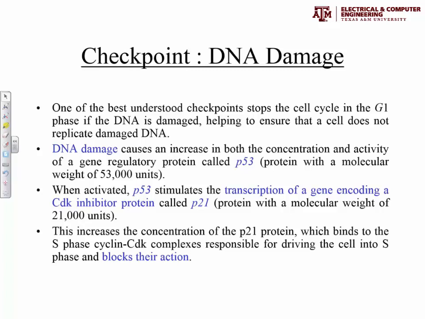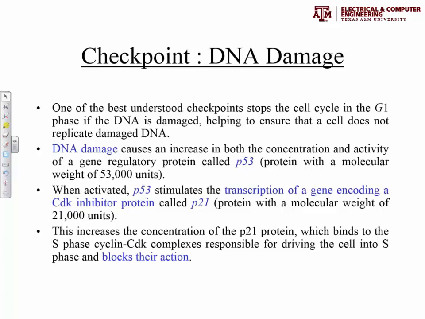So when activated, P53 stimulates the transcription of a gene which encodes a cyclin-dependent kinase inhibitory protein called P21, right? Again, P21 means a protein with a molecular weight of 21,000. So when P53 is activated, it stimulates the transcription of P21, so the P21 protein will form.